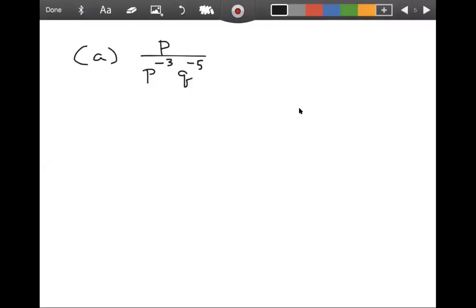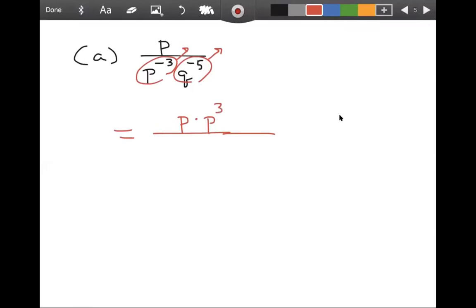p over p to the -3, q to the -5. So right away, I'm going to use one of my shortcuts. Since I see a couple of negative exponents downstairs, I am going to send them upstairs. And those exponents will become positive. So now actually everything will be upstairs.